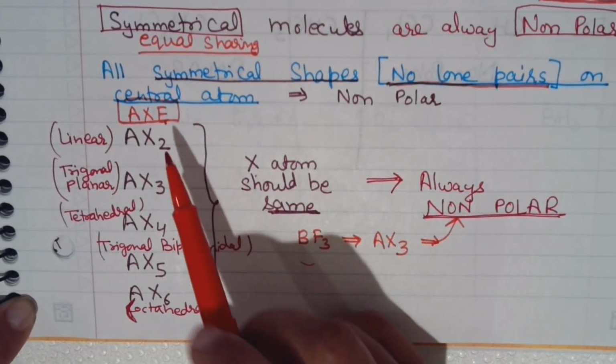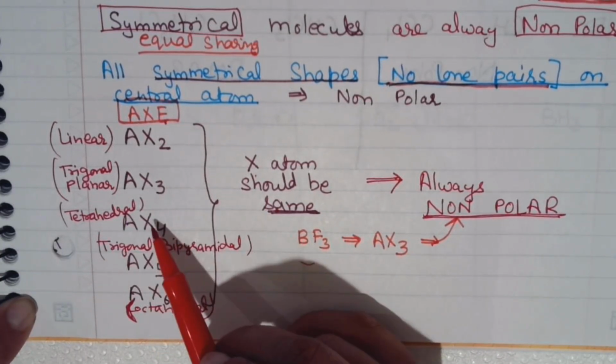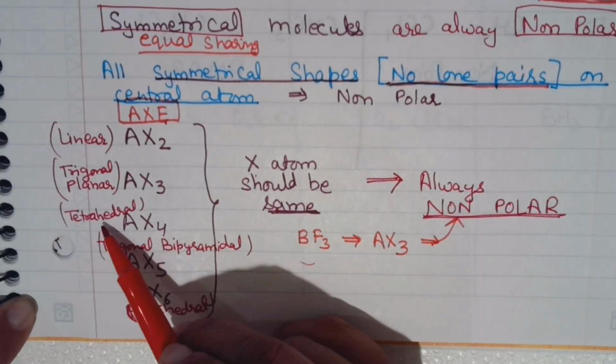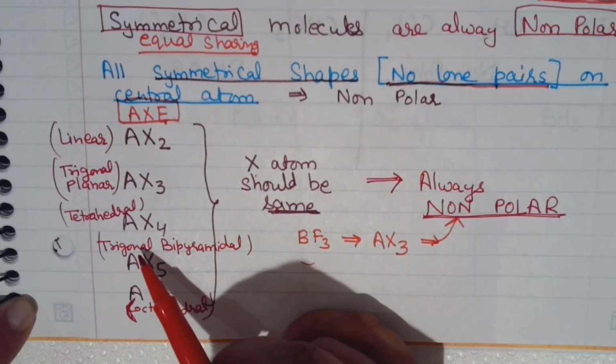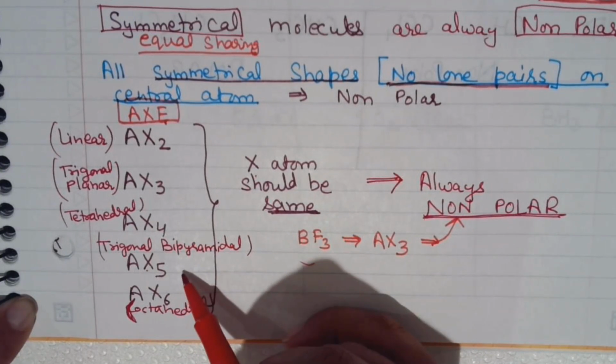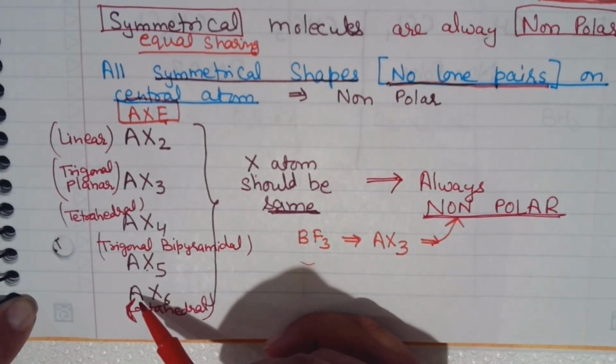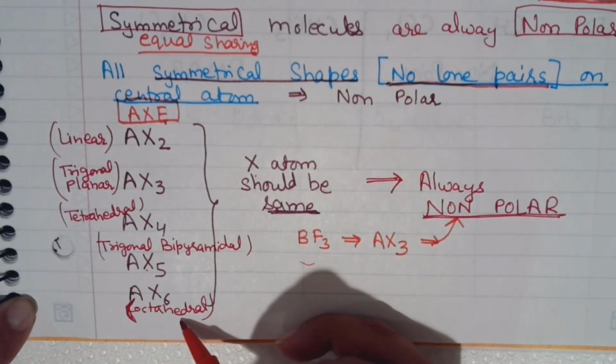So all these shapes, AX2, AX3 which is trigonal planar, AX4 which is tetrahedral, AX5 trigonal bipyramidal, right? 3 in one plane of a triangle, and then 1 on top and 1 on the bottom. And then AX6 which is octahedral.